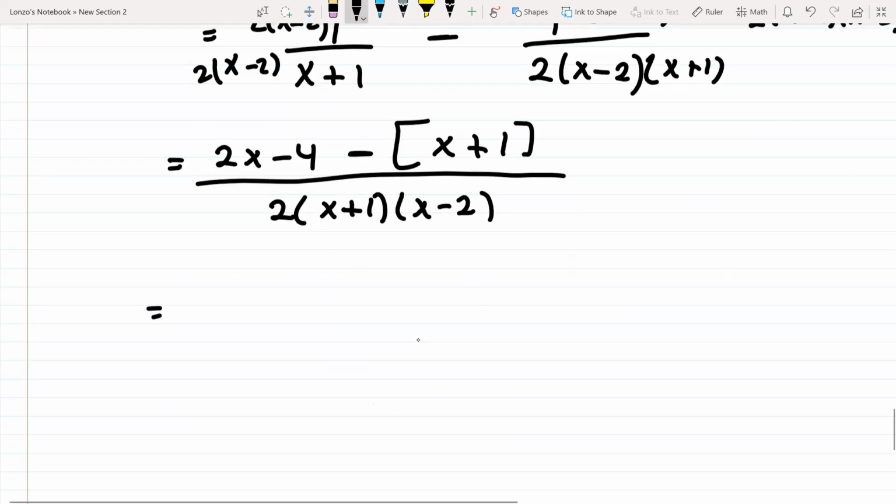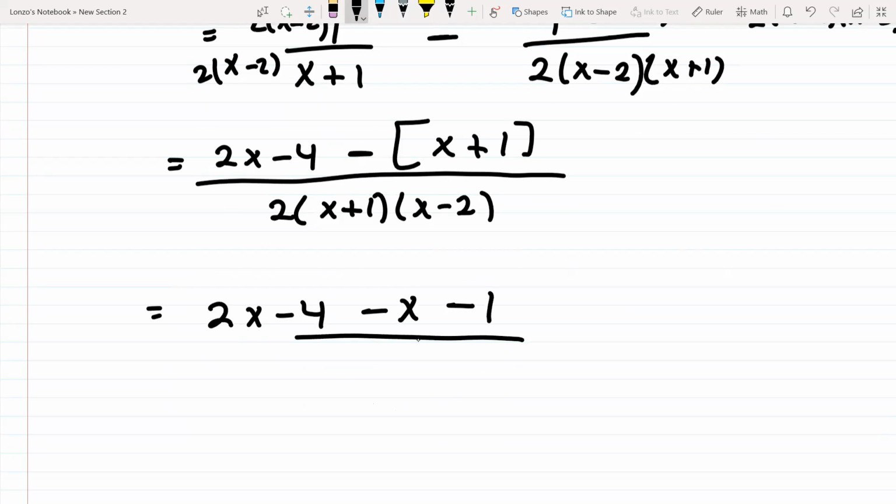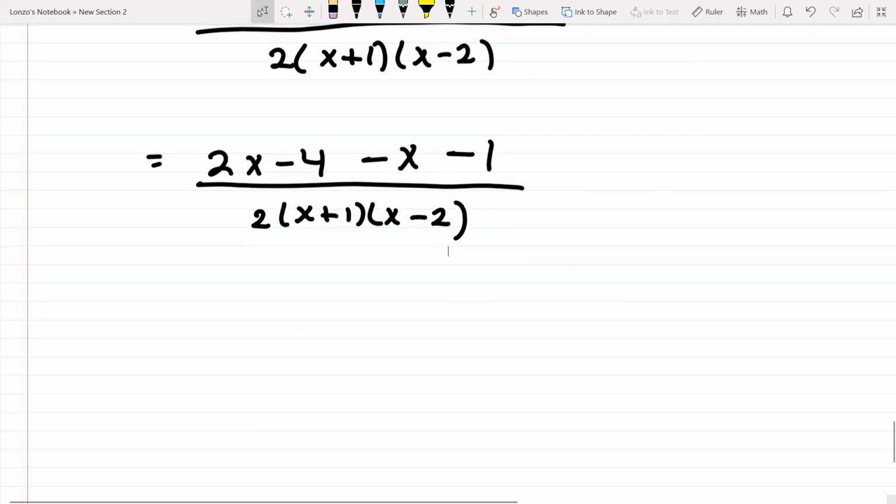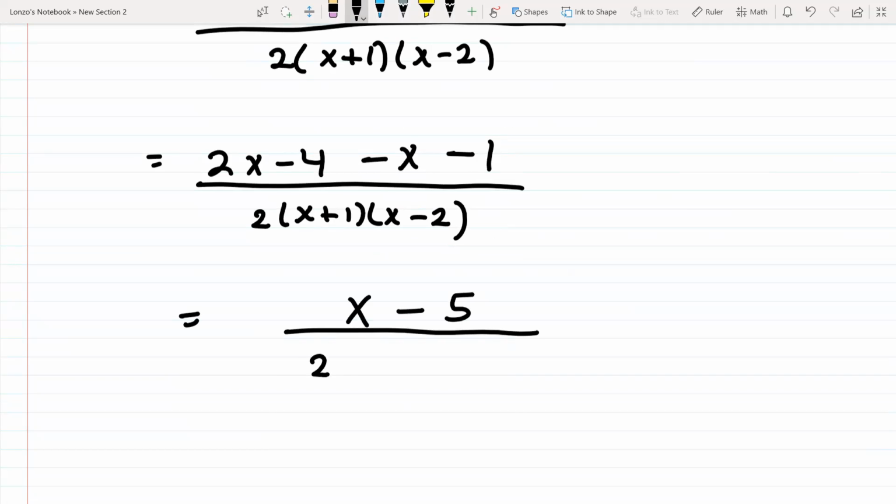So FOIL out that minus: that's 2x minus 4 minus x minus 1 all over 2 times x plus 1, x minus 2. And then when you collect like terms, it's going to be x minus 5 over 2 times x plus 1, x minus 2. And this would be your final answer.